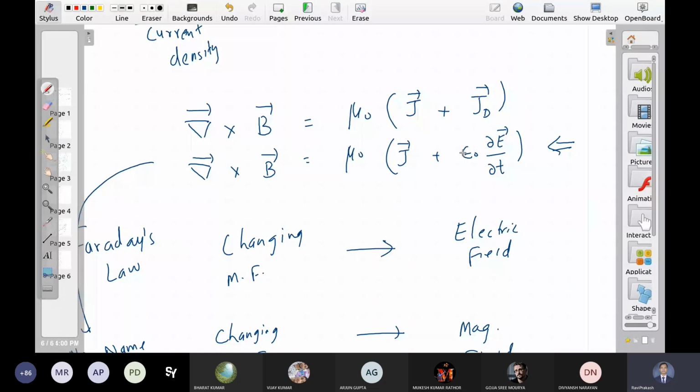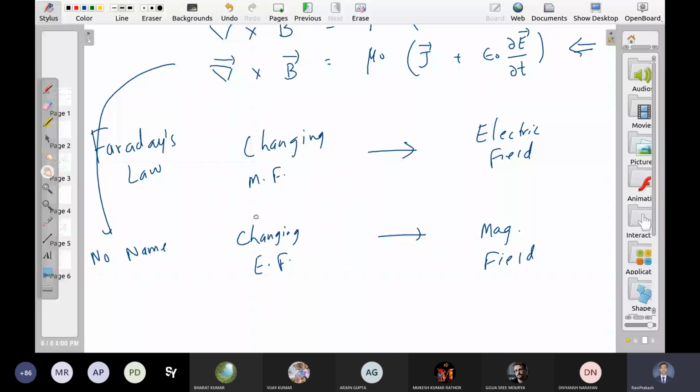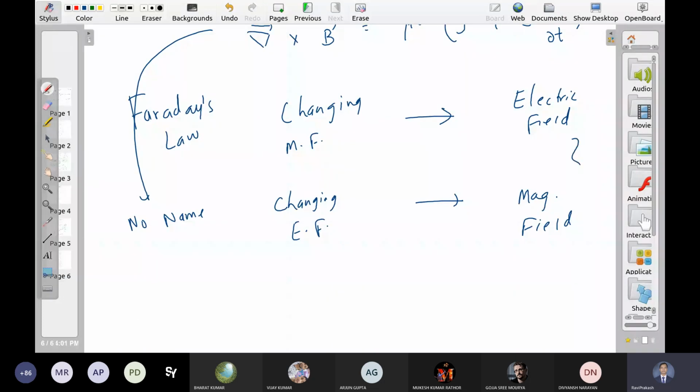In fact, these two phenomena are the backbone of electromagnetic waves. कैसे? A changing magnetic field produces electric field, and this electric field also changes. So this changing electric field again produces a magnetic field.